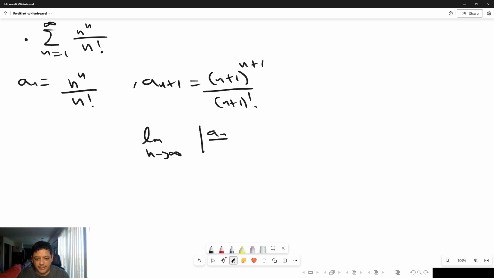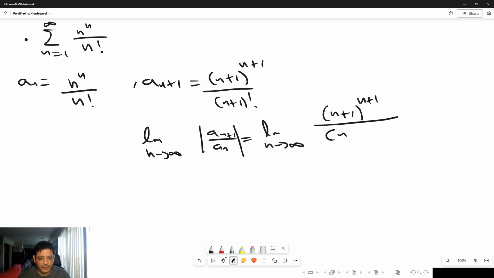So we have the absolute value of an plus 1 over an, and this is the limit when n goes to infinity of n plus 1 power to the n plus 1 over n plus 1 factorial, over n to the n over n factorial. A lot of the success of the ratio test is being able to simplify.